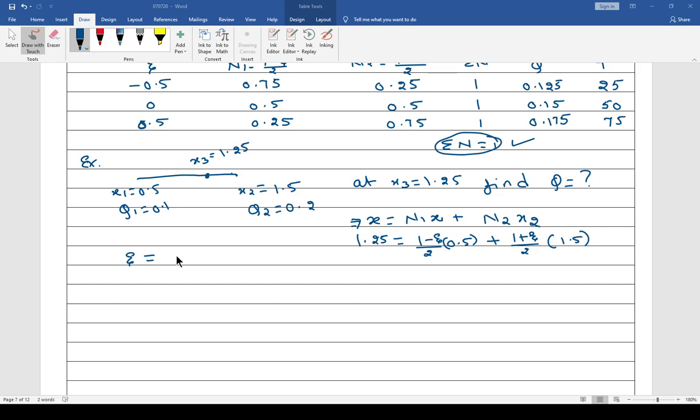Anybody could calculate this value and let me know. So 0.5, 0.51, so that is 0.5 zeta, 1 plus 0.5 zeta. Everybody is getting 0.5. How come?